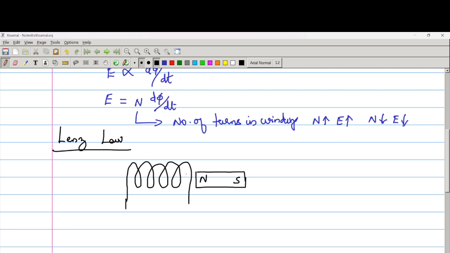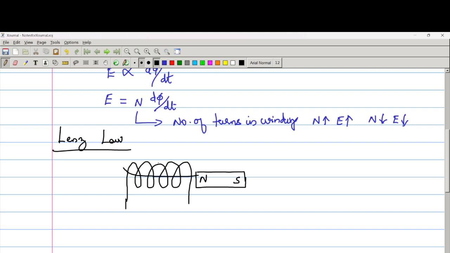Due to this permanent magnet, there is a flux linkage. Due to this, there is an induced EMF. That induced EMF is E directly proportional to N into d phi by dt.